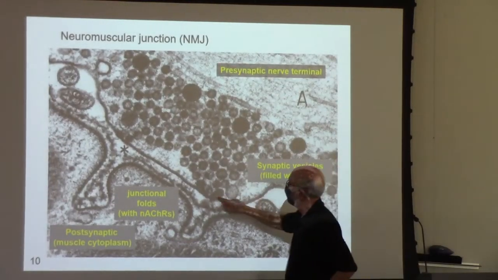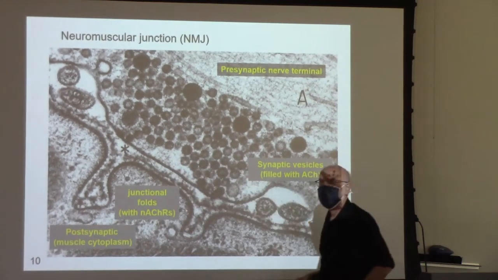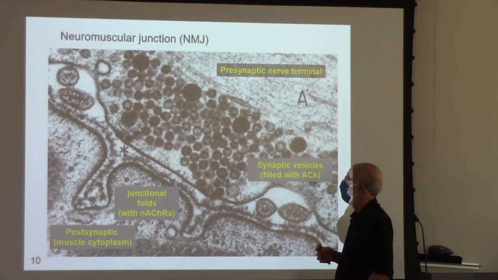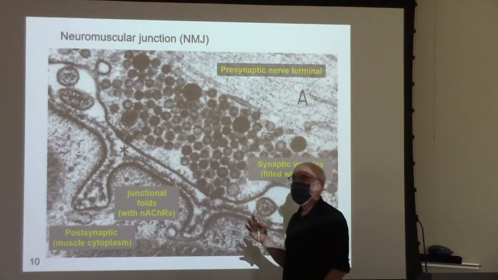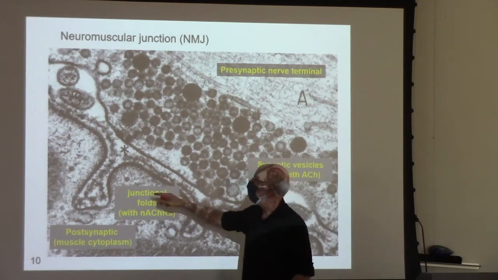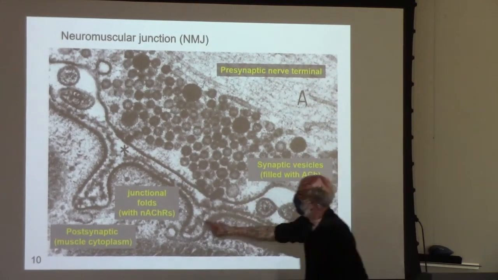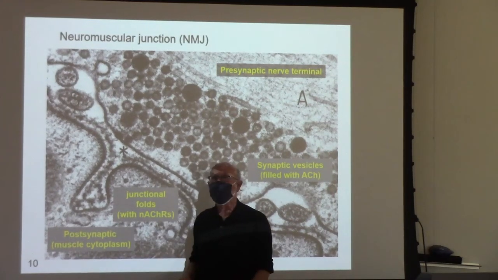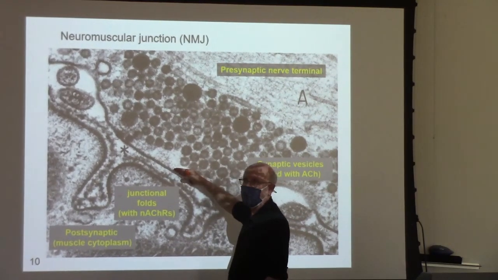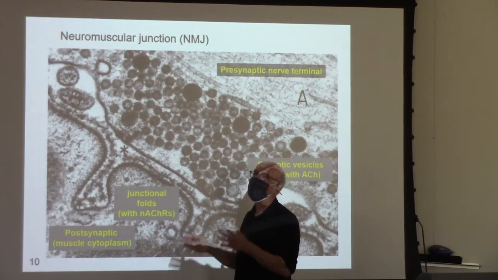Nerve, membrane of the nerve, membrane of the muscle underneath at the synapse. There's a specialization of the muscle cell with these folds underneath the neuron at the synapse. So these are junctional folds. Junction because this is the neuromuscular junction.